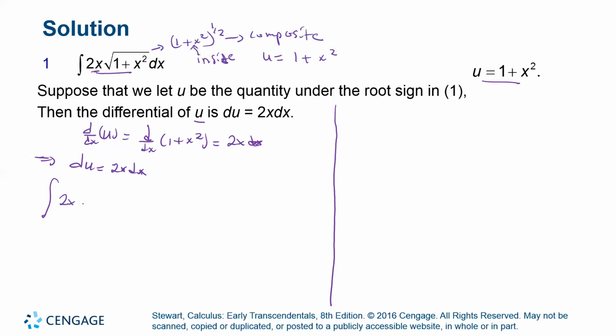Now let us go back and pick the integrand and see what is happening there. We have 2x times the square root of 1 plus x squared dx. This is the same as the integral of the square root of 1 plus x squared, then 2x dx.